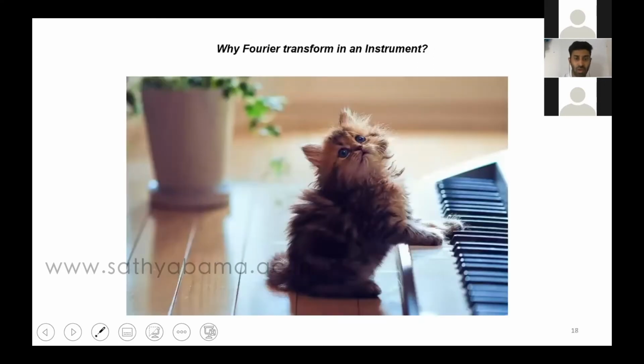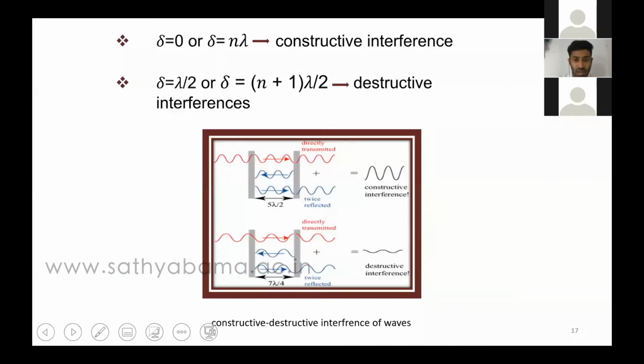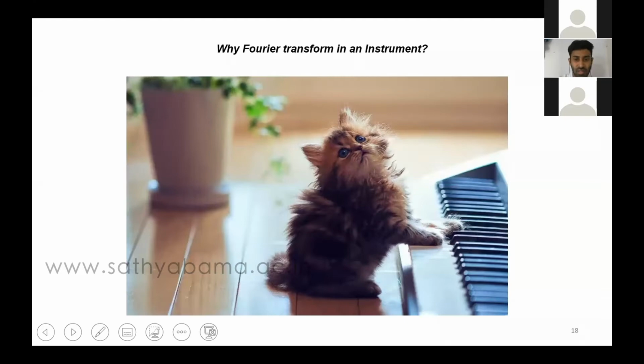You may all wonder, it's basically infrared spectroscopy, so why do we call it Fourier Transform infrared spectroscopy? The reason is, I hope you all have seen someone playing piano. If you take this key, it will have a different frequency in comparison with this particular key.